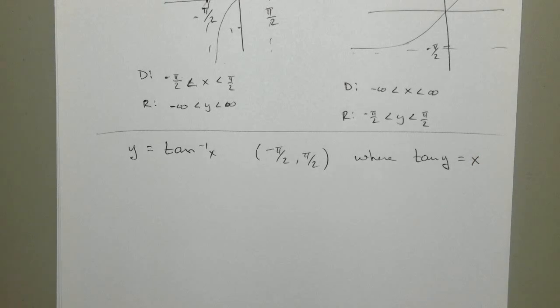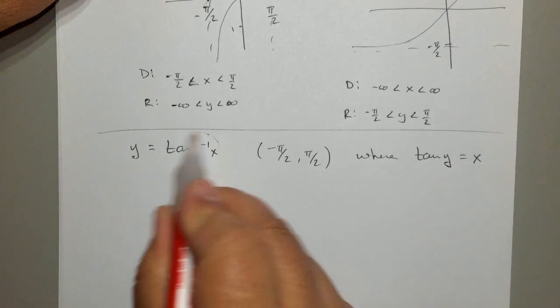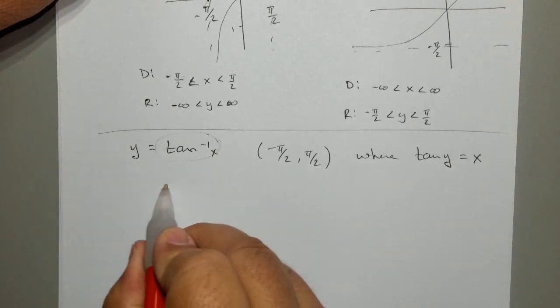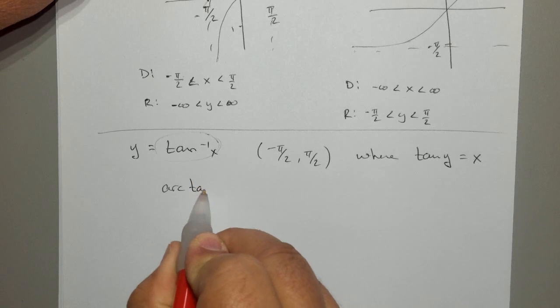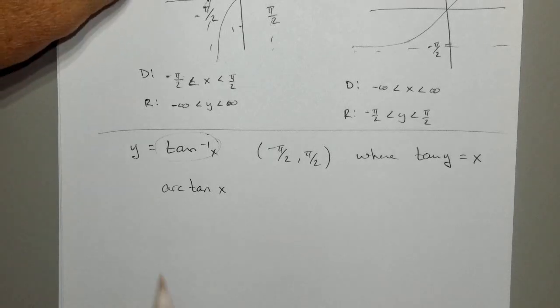This is the same for the cotangent, secant, and cosecant, the inverse functions. This is also read as the arctangent of x. Eventually, in Calc 2, we'll do hyperbolics of these trig functions as well.